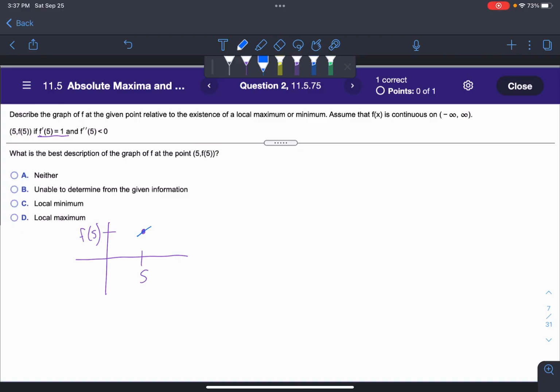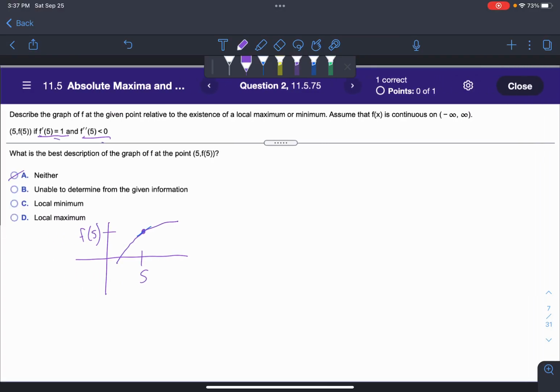So it means that it's increasing because it's positive, right? And we also know that my second derivative is negative, which means that we're concave down. So perhaps my graph would look something like this, maybe. And so this shows that we don't actually have any max or min here because we are increasing and concave down. So this will be neither.